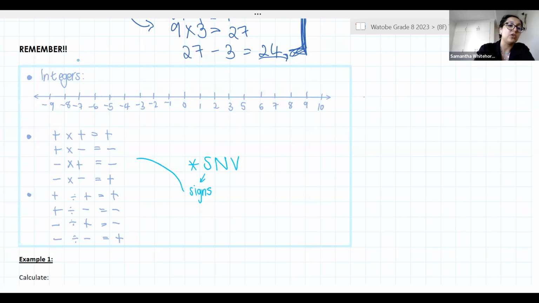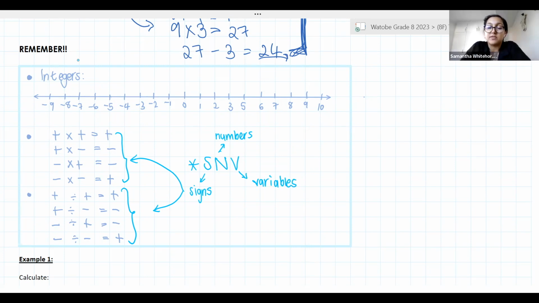So essentially look at these rules for multiplying and dividing signs and decide what sign your answer should have. Then you will go on to multiplying or dividing the numbers. We haven't done algebra yet, but when we eventually do algebra, we will have letters or variables that we will need to deal with. And so that V stands for variables, and we'll deal with that when we get to algebra a little bit more.